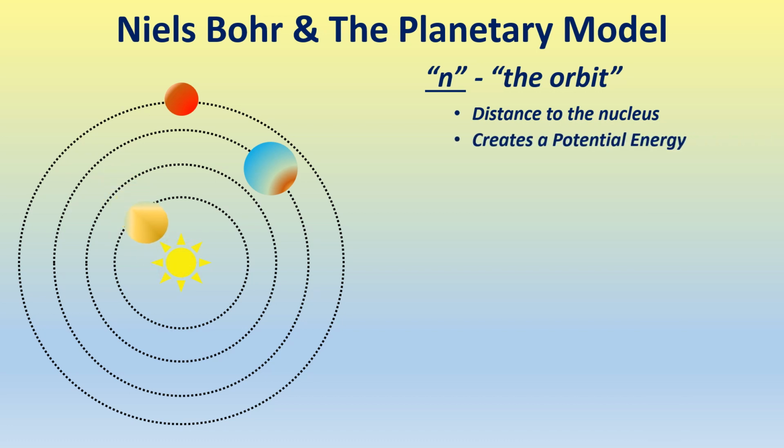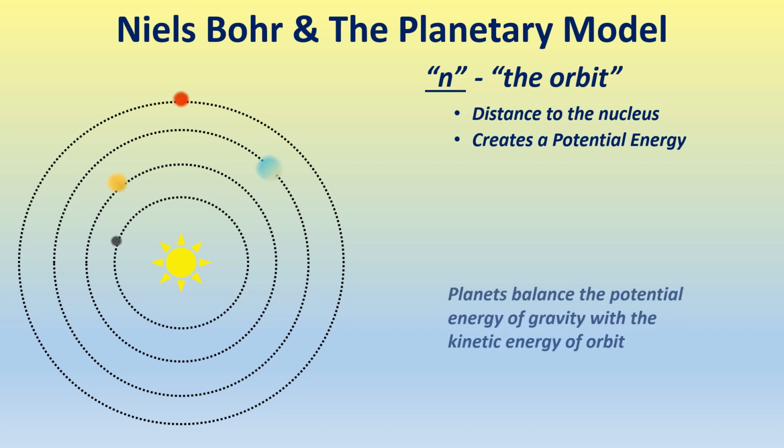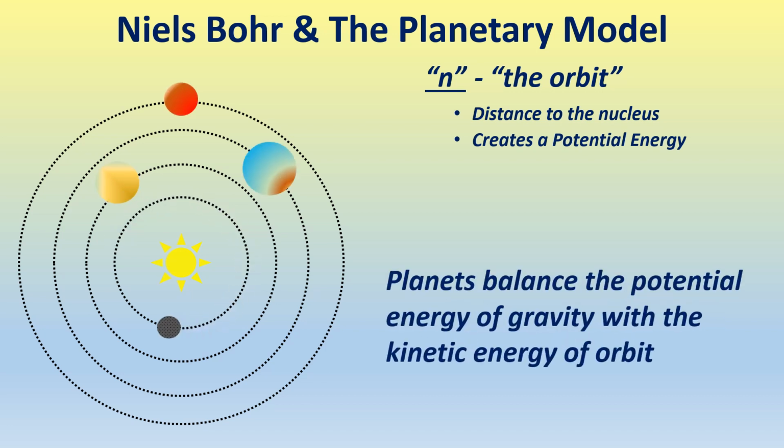In the case of the solar system, if the planets weren't moving, gravity would suck them directly into the sun. In the case of an atom, if the electrons weren't moving, positives and negatives would attract. The only way the system of orbits can be stable is if the particles participating in them are actually having movement, and they are developing kinetic energy to balance out the potential draw of the center.